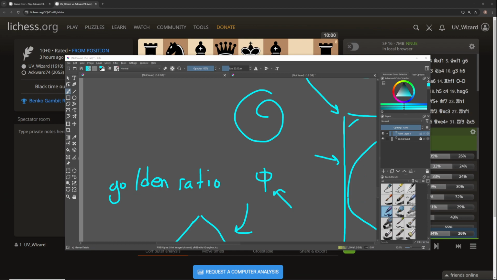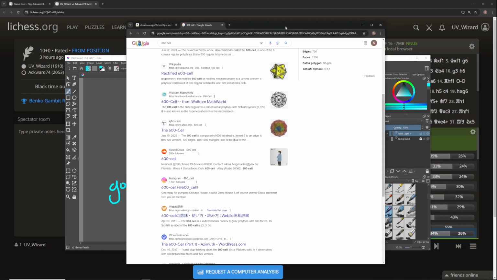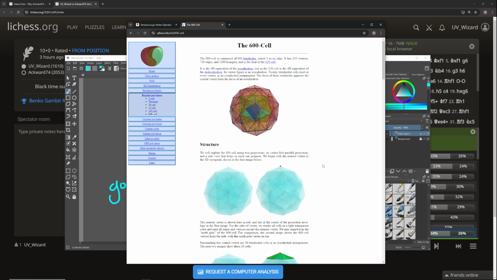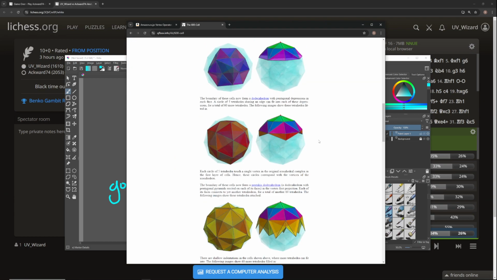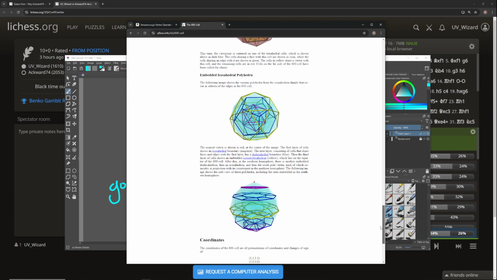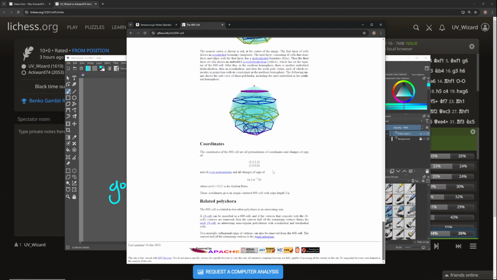There's one website that's really good. It's this Qbox Info here. Sorry it's so bright. And actually, I'm more interested in the 120 cell, which is of the dodecahedron. But let's just look at this first. Sorry it's too small, but here's the coordinates, so a way to construct it.